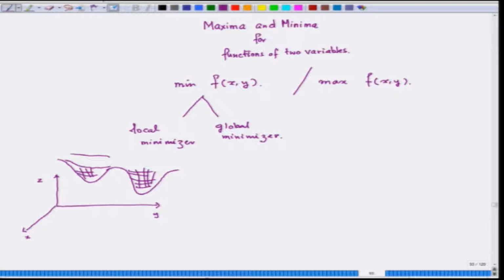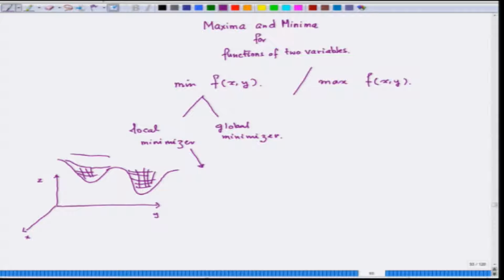How you see here also, this point is some sort of a minimizer, but over some given region. Here this is a minimizer over this region, but this could be a global minimizer of this function also. So, we essentially have to deal with local minimizers. Some cases they become global minimizers.